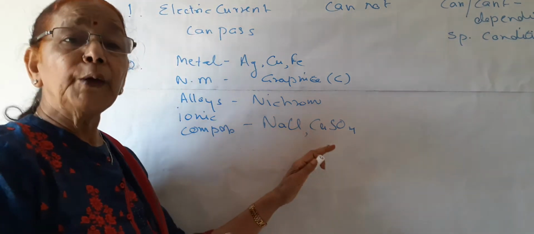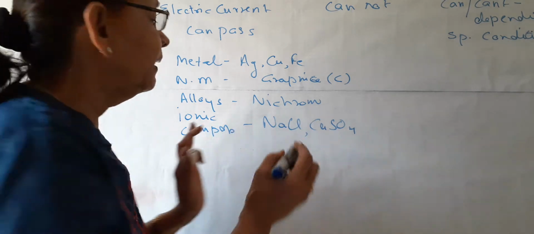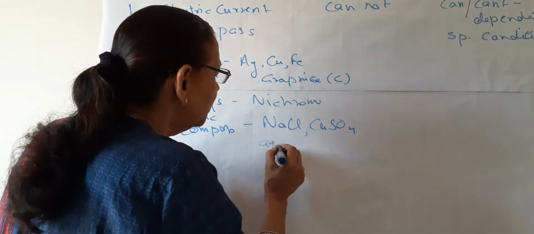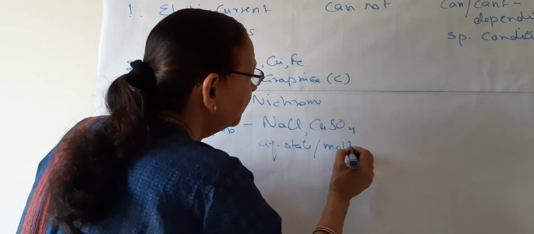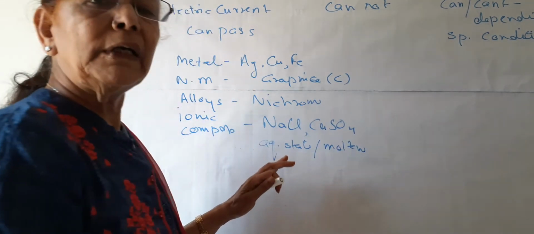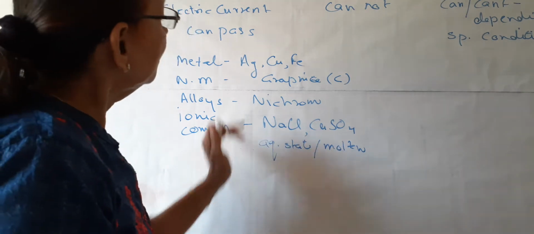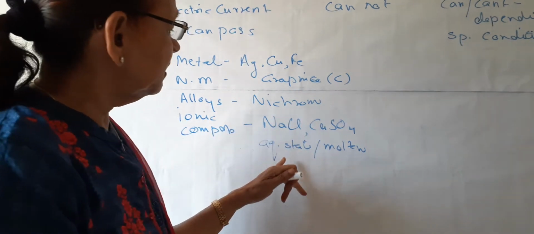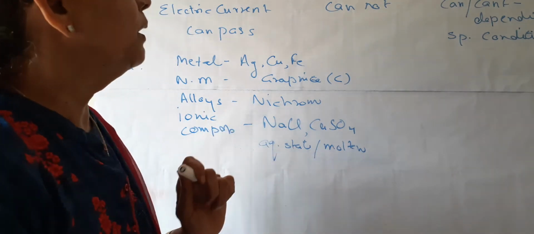These are ionic compounds. They conduct electricity only when they are in aqueous state or in molten state. So you have learned in 9th. So sodium chloride or copper sulfate are also good conductors of electricity, but in aqueous and molten state only.